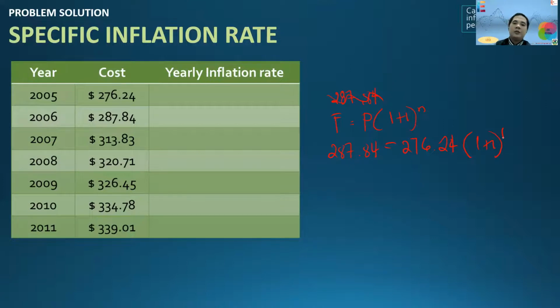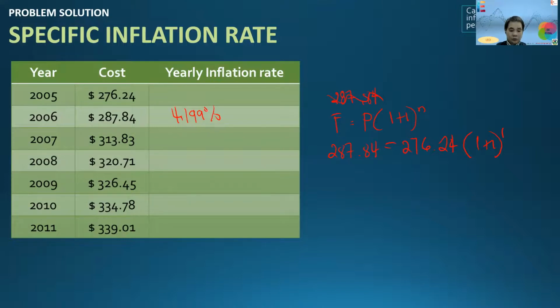Therefore, the answer for this one would be 4.199%. Okay? And then, succeedingly, you follow through the same equations.